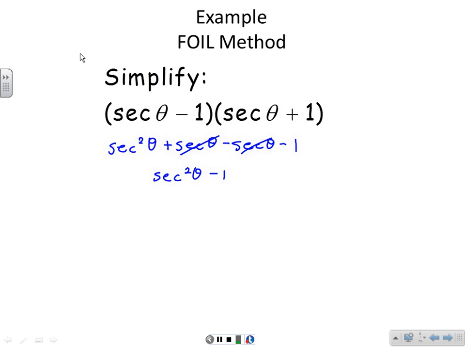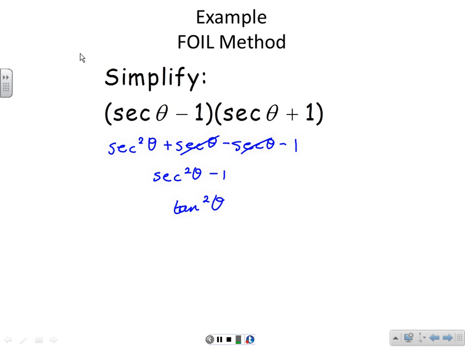And remember now, we can manipulate these Pythagoreans. So secant square theta minus 1 is the same as tangent square theta. And that answer is okay with me, because if you break it down to sines and cosines, that's going to give you that quotient back. So that answer would be good with me. So what Pythagorean did I use?